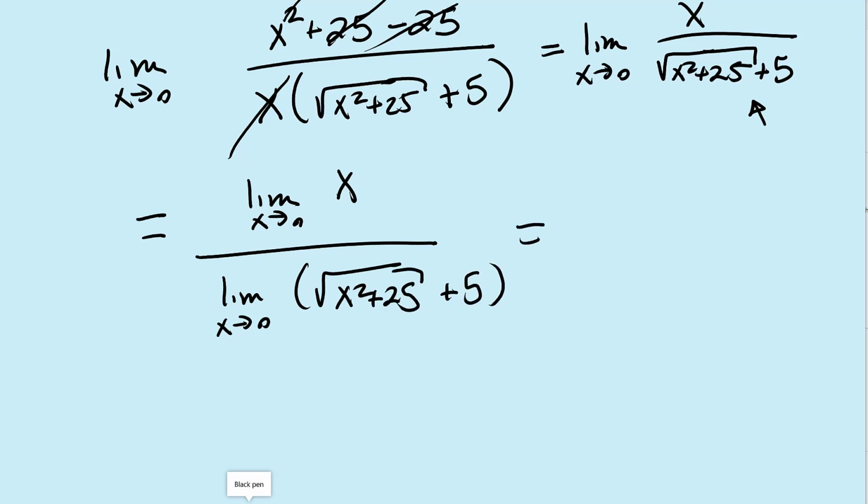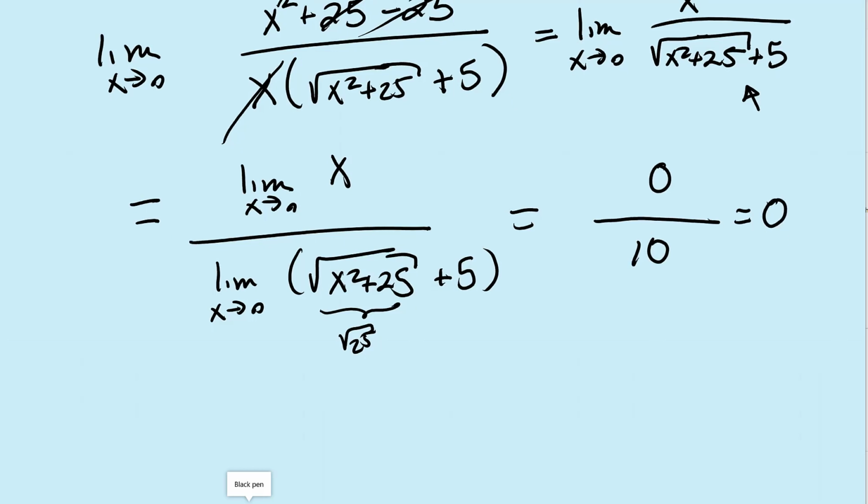We did the limit in the denominator in the previous example, so we know that it just equals the square root of 25 plus 5. The square root of 25 is just 5, so we have 10. But on the top, the limit of x when x goes to 0 is just 0, and 0 divided by 10 is 0.